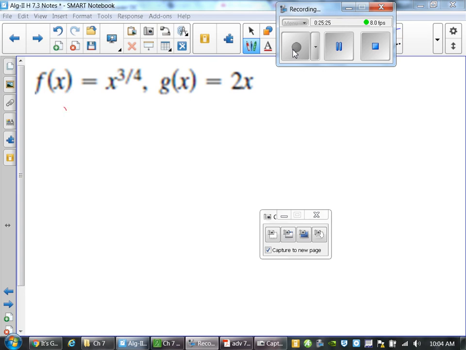So f of g of x. Start with the g of x equation, and then surround it with the f. Can you do anything to that? There's really nothing you can do there. Okay. And then if you go the other way, g of f of x.